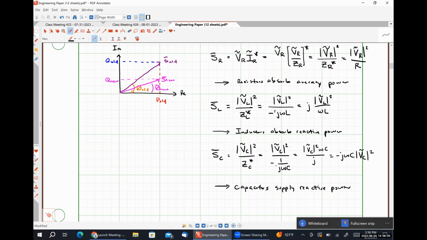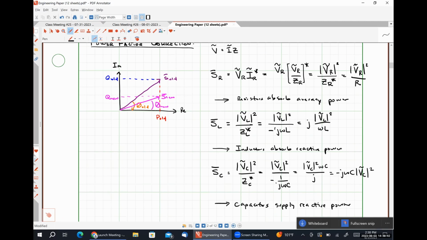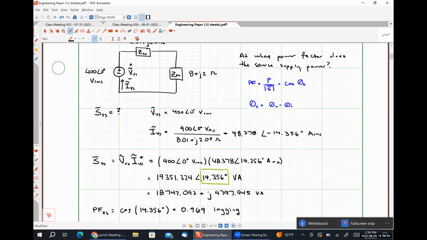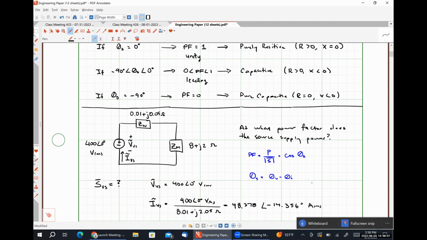This capacitance is important. So I'm going to scroll up here, and I'm going to show you what we would wind up doing. So if we wanted to correct the power factor at which our motor operated, we would put the capacitor in parallel with our motor.